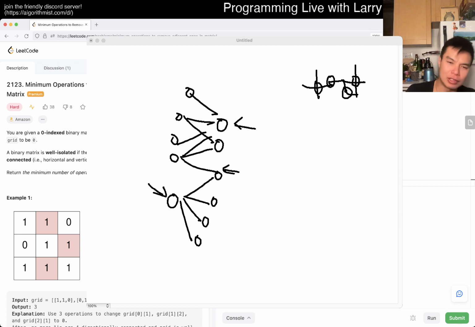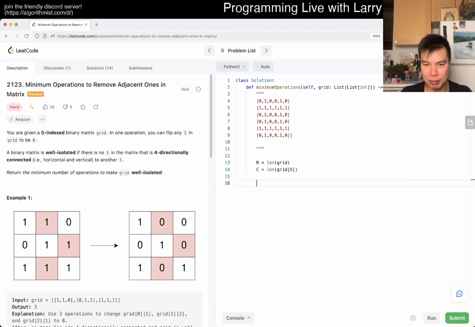I'm giving it another minute mentally. If I still don't have it, oh, right, sorry, I still have this thing up. Let me take it off because I'm not looking at it. This was the thing that I was talking about. If I don't have any idea, I'm going to try a greedy and then see where it gets me, right? Is there another way to count this in a good way?